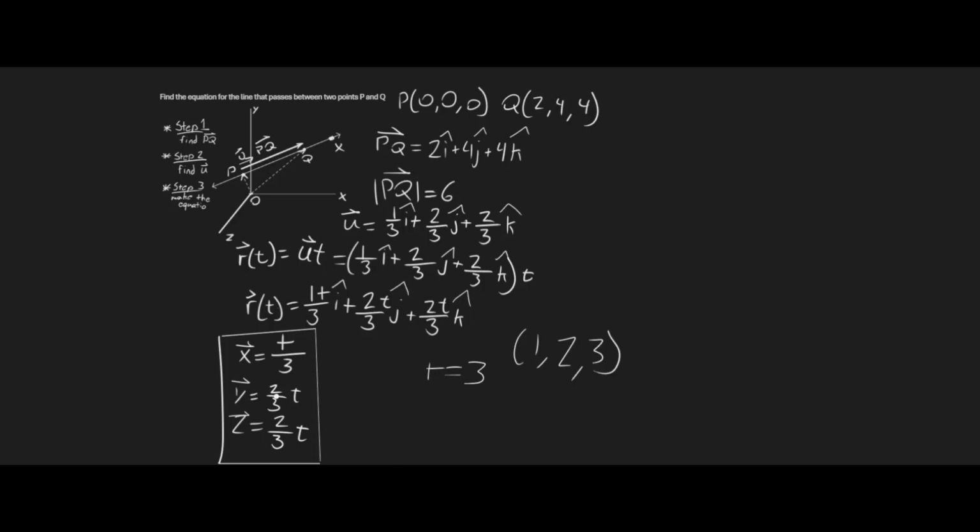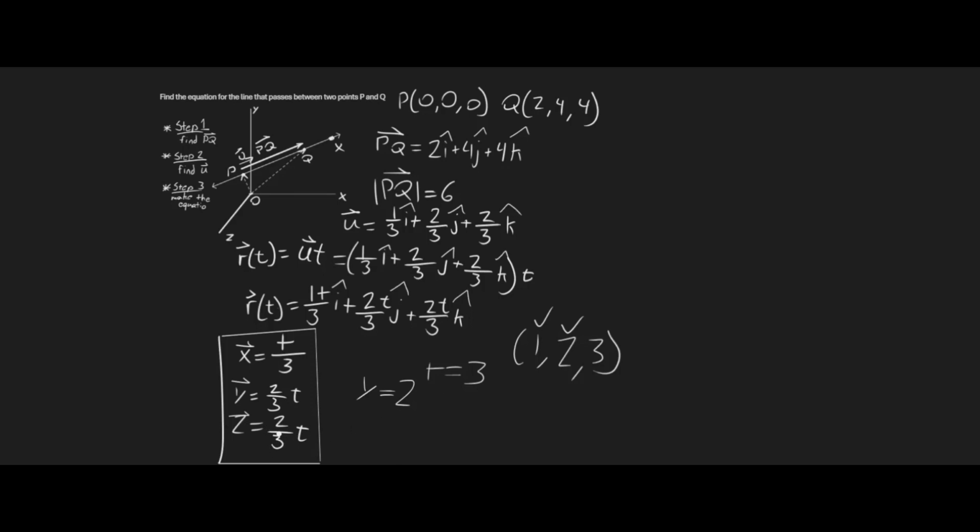So 2 over 3 times t, but t is 3. So 2 over 3 times 3 is just 2. So y is going to be 2, and that checks out. Then we're going to plug it in again for the z: 2 over 3 times t, and t is 3.